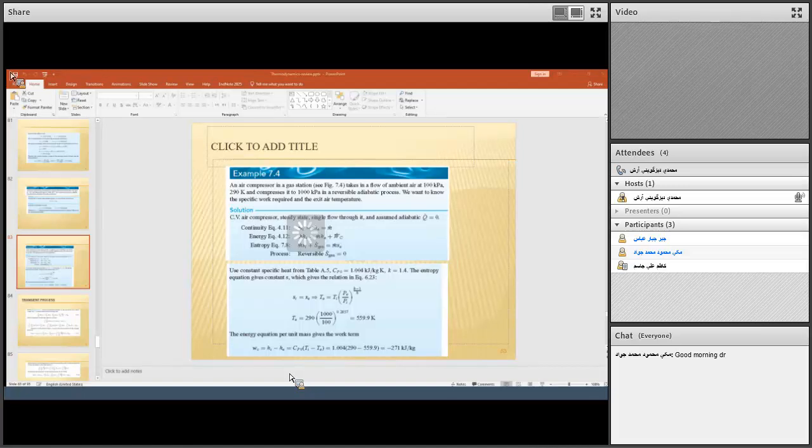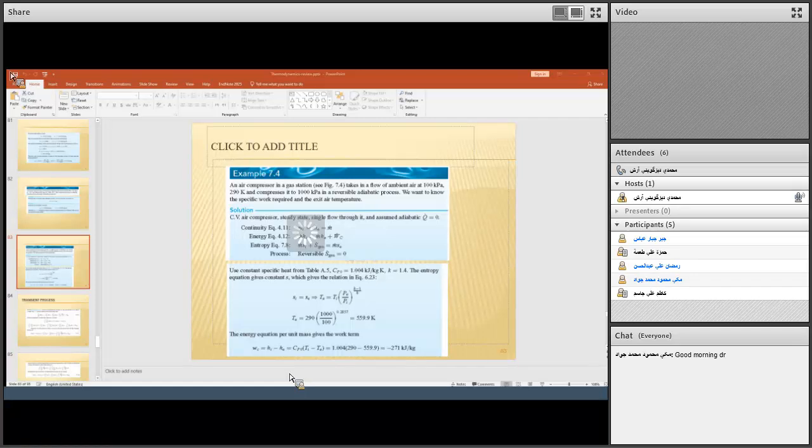So according to constant Cp and k, we consider the isentropic process for temperature, meaning the temperature at exit equals the temperature at inlet times the pressure at outlet divided by pressure at inlet, to the power (k minus 1) divided by k.